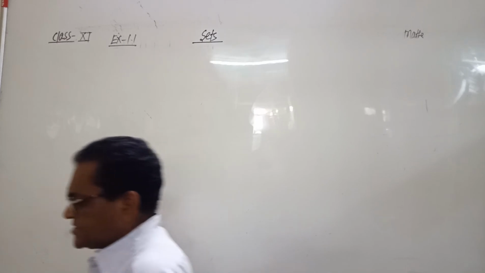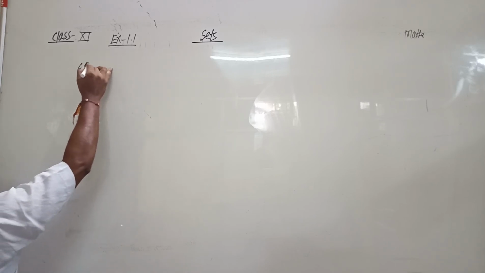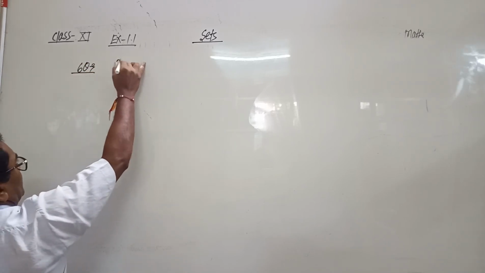Now question number 6. Match each of the sets on the left in the roster form with the same set on the right described in the set builder form. So we have to match.